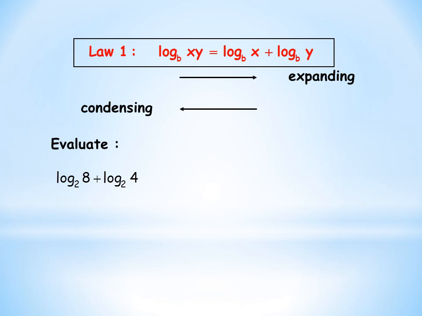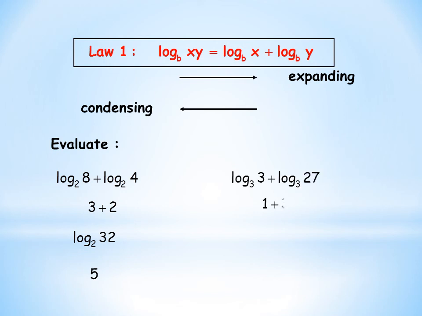So this is kind of a simple example right now. If I have the log 2 of 8 plus the log 2 of 4, well, I know the log 2 of 8 is 3 and the log 2 of 4 is 2, so I could just say 3 plus 2 is 5 and be done with it. But just to show you that this does actually work, we could write this as one log, log 2, and then multiply those two numbers together, call it the log 2 of 32, and you can see this also evaluates down to 5.